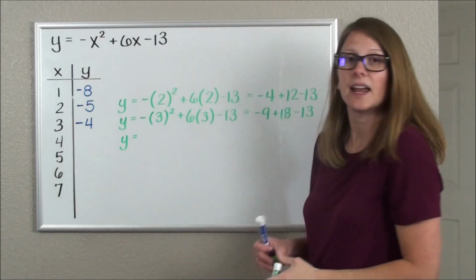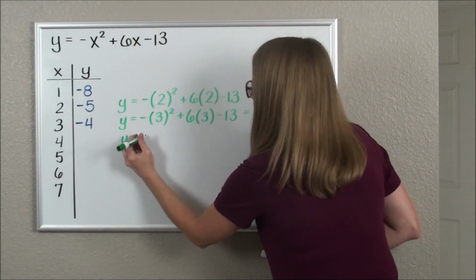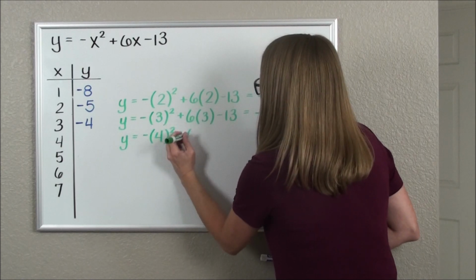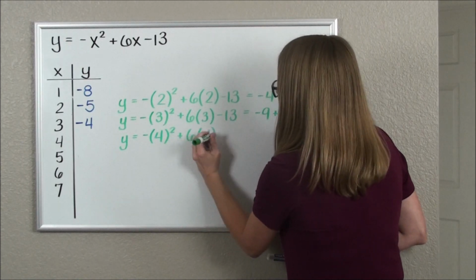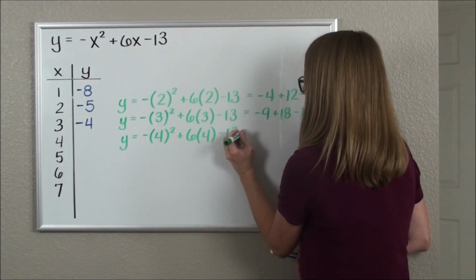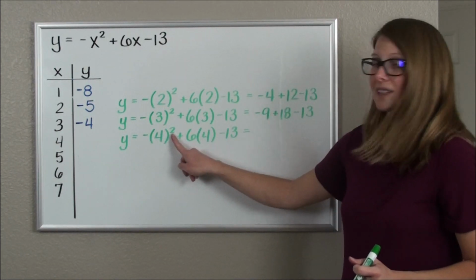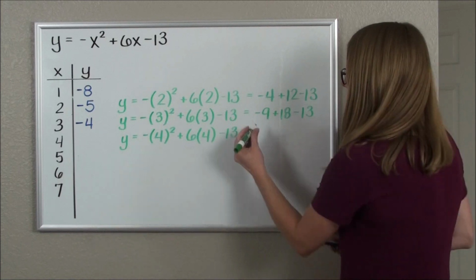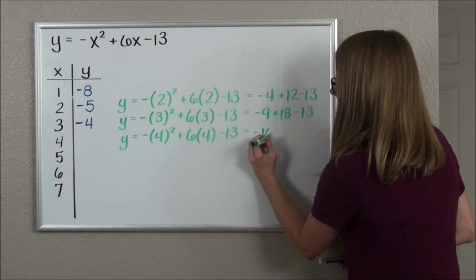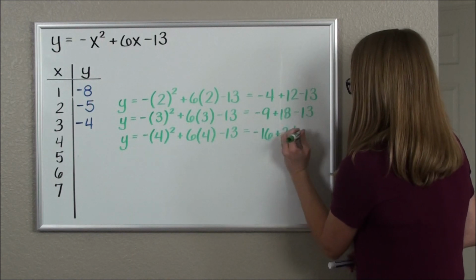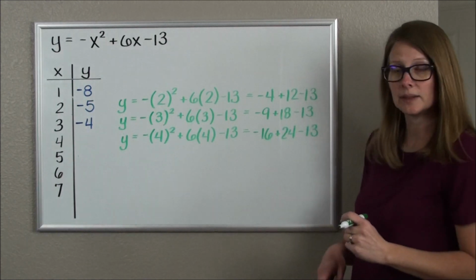This time plugging in x equals 4. Negative x squared, so we have negative 4 squared plus 6 times 4 minus 13. Again, exponent before multiply. 4 squared is 16, so I'll have a negative in front of that 16. 6 times 4 is 24, and then I have the minus 13.